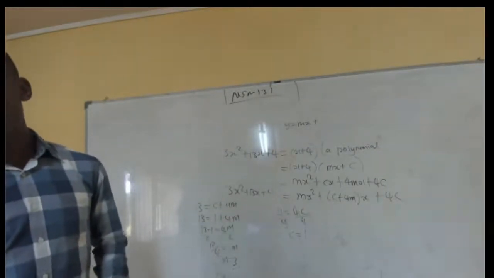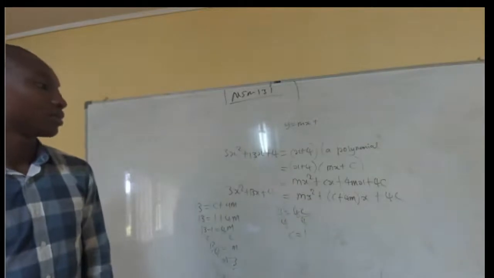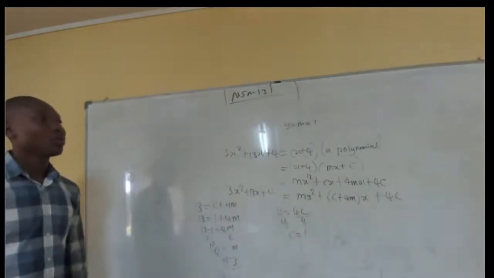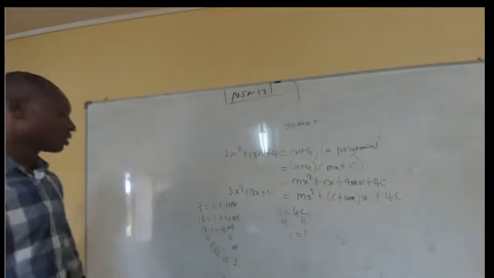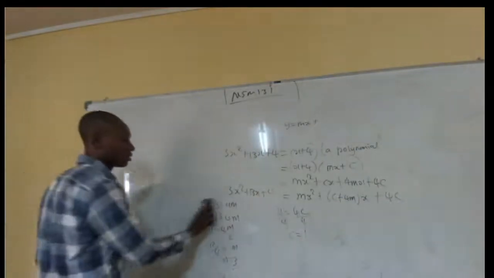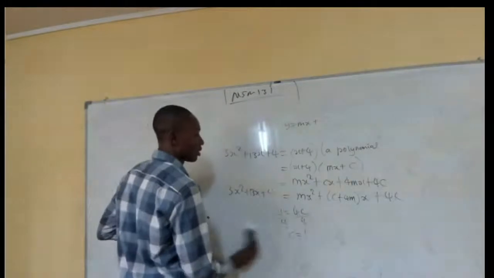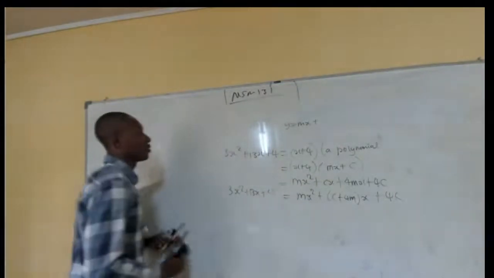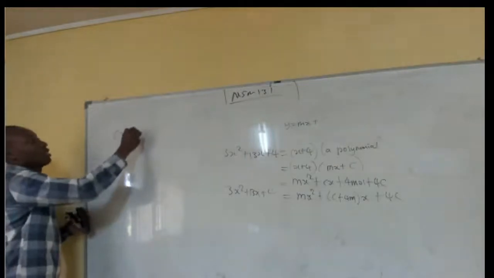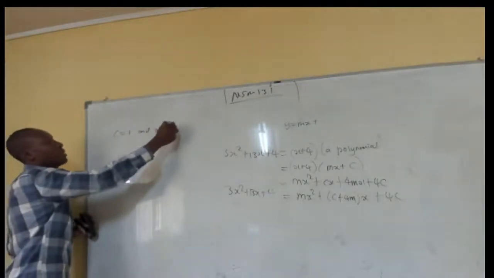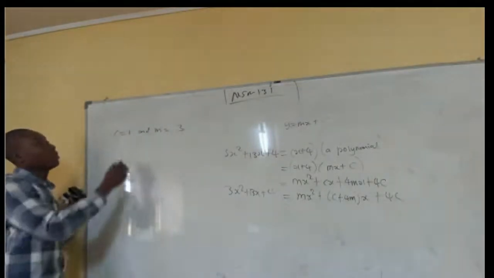Next up, determine this polynomial. We want to know what that polynomial is, and I found that c is 1 and m is 3. So what is the polynomial?